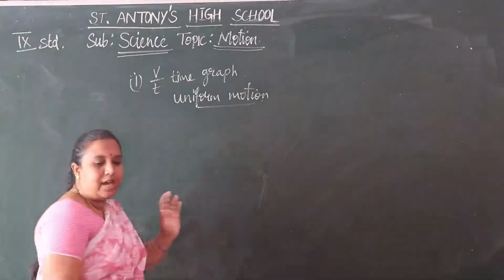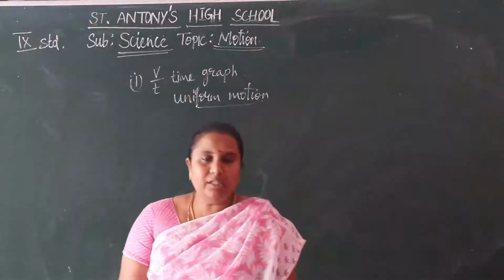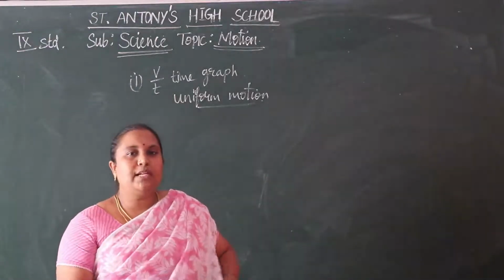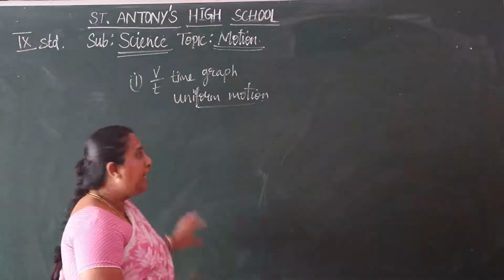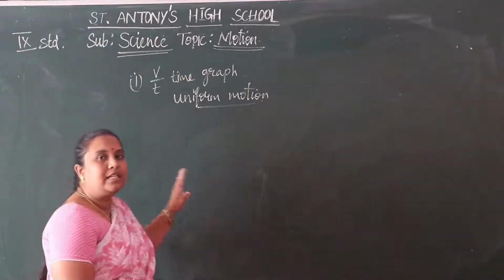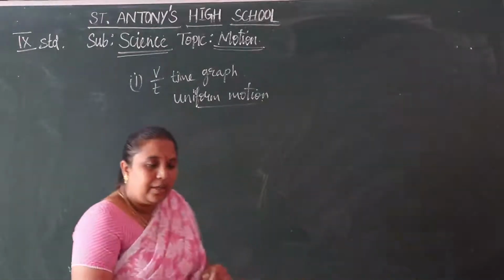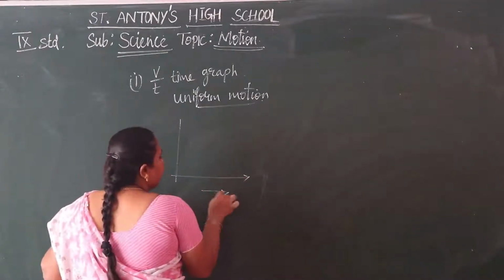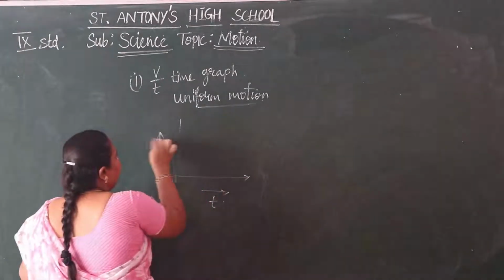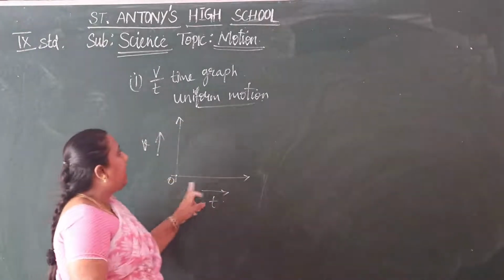For uniform motion and non-uniform motion, here also we can say that acceleration a equals v2 minus v1 by t2 minus t1. Here we take time on one axis and v on the other, in time intervals.